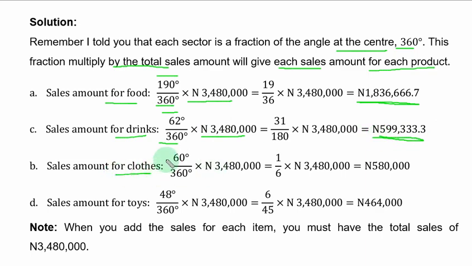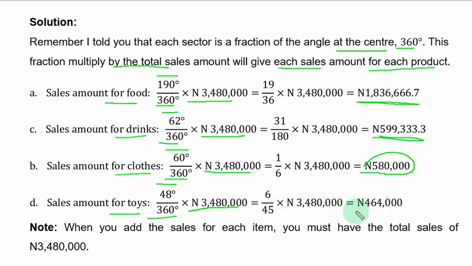For clothes, sectorial angle for clothes over total angles in a circle times total sales amount. That gives 580,000 naira sales amount for clothes. For toys, sectorial angle for toys over total angles in a circle times total sales amount.